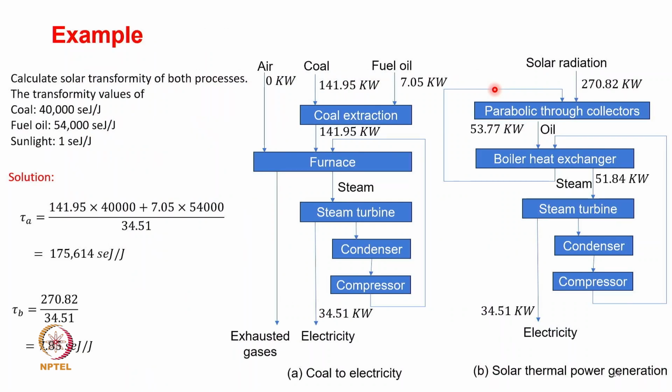So let's again take the same example. Calculate the solar transformity for both the processes. The transformity value of coal is 40,000 SEJ per J, fuel oil 50,000 SEJ per J, and sunlight of course is the sunlight equivalent, so 1 SEJ per J.